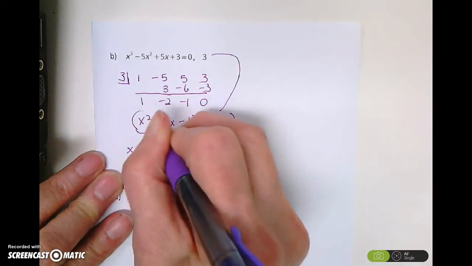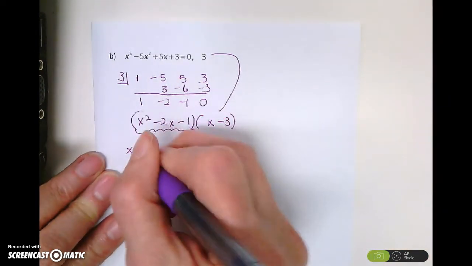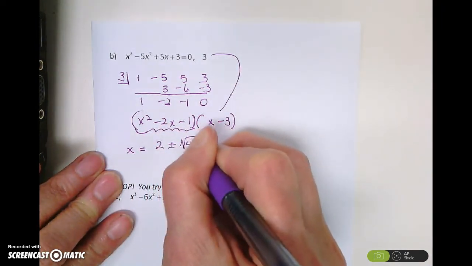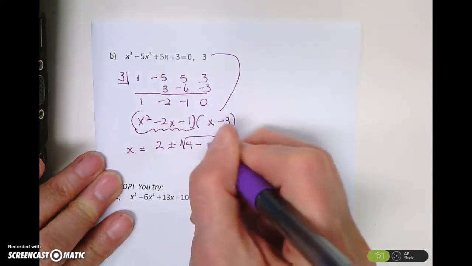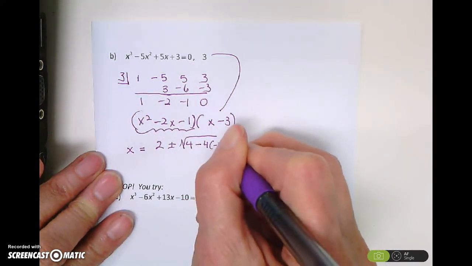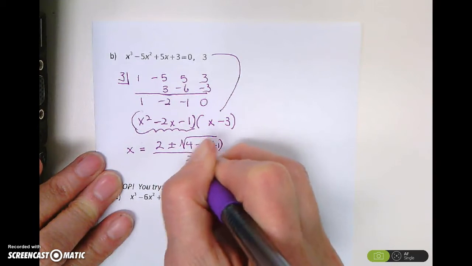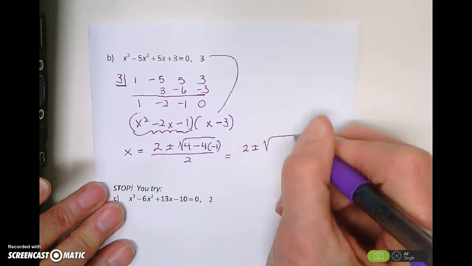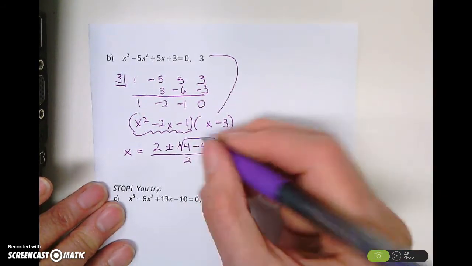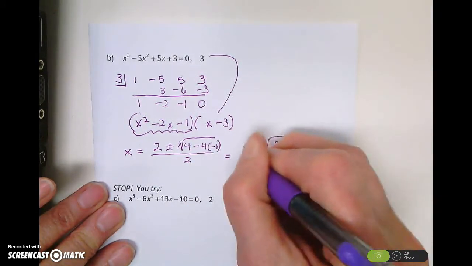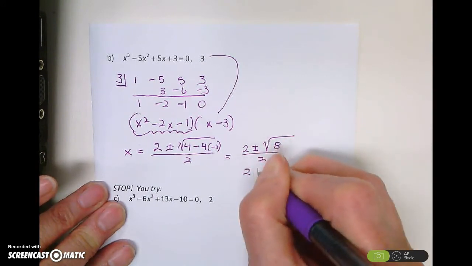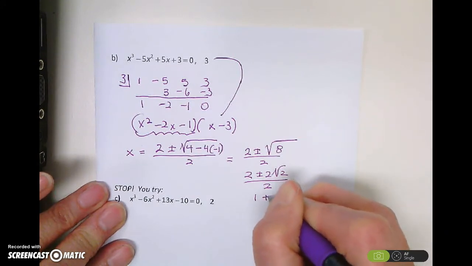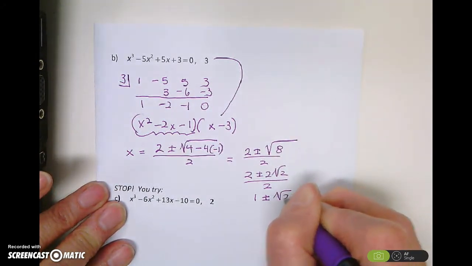So x is going to be equal to 2 plus or minus the square root of 4 minus 4 times negative 1, all over 2. So that's going to be 2 plus or minus the square root of 4 plus 4, which is 8, over 2. So 2 plus or minus 2 radical 2 over 2. So 1 plus or minus the square root of 2.